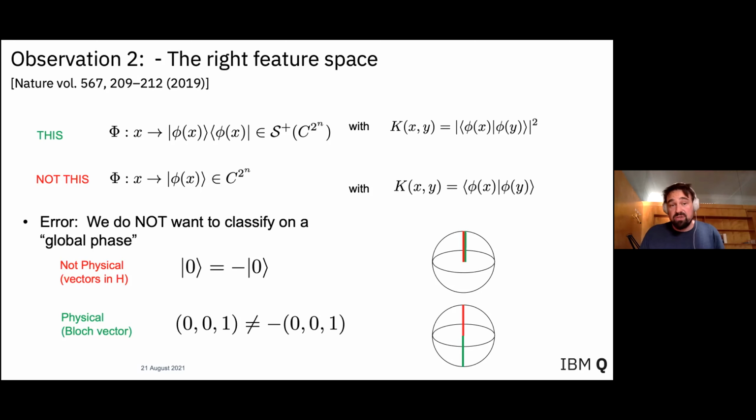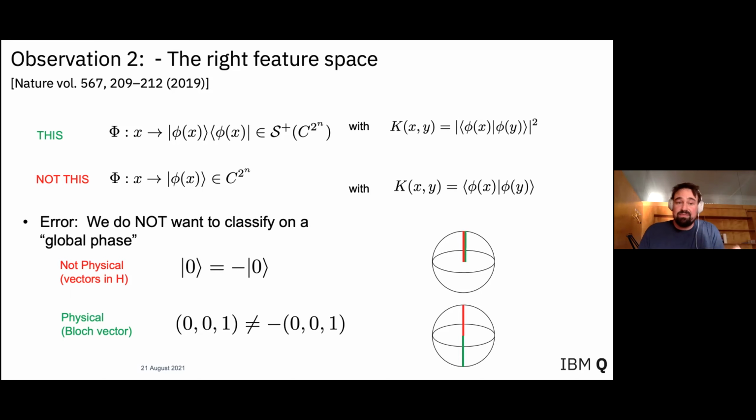The other way you could do it is you could say, well, quantum mechanics comes with a Hilbert space by itself. You could use just the Hilbert space, L2n or C2 to the n when you work on a qubit space, and declare that to be the feature vector. The problem is if you then use the natural inner product, the classifiers that you construct that way are going to be sensitive to global phase.